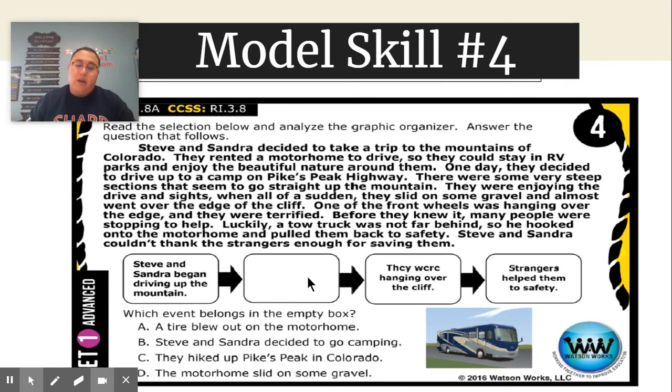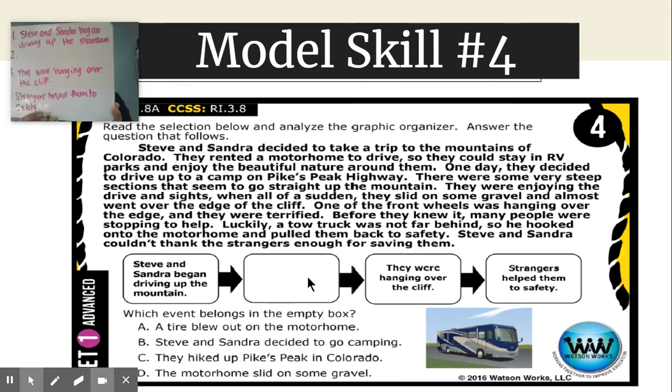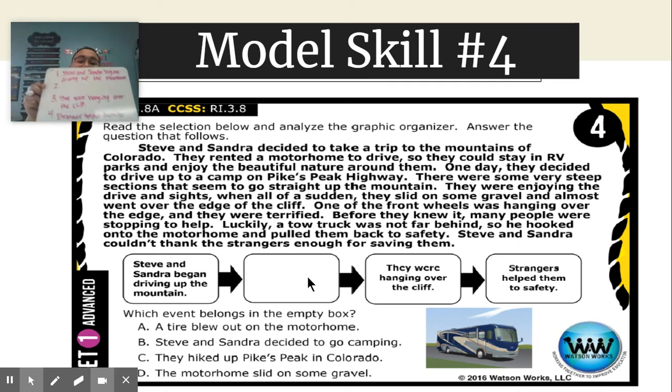All right. So here I have my sequences. So I'm missing event number 2, right? So that means that event number 2 has to come after event number 1, but it has to come before event number 3. So it has to be in the middle between event number 1 and event number 3, right?